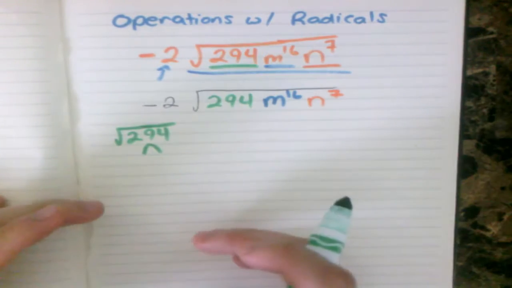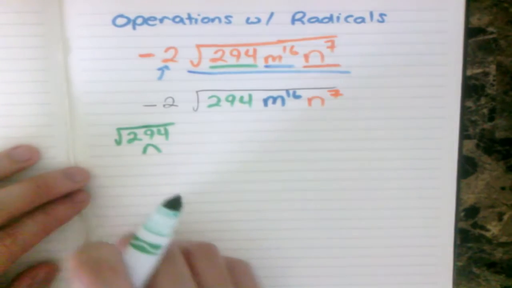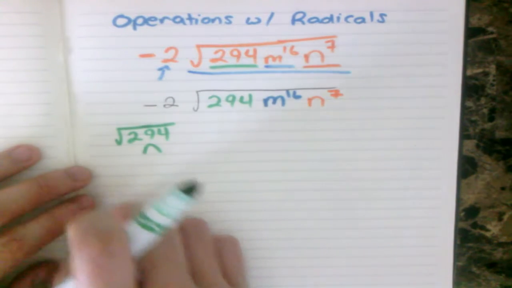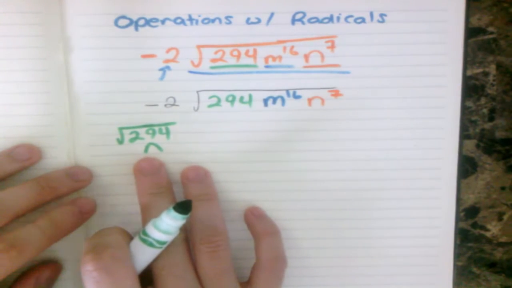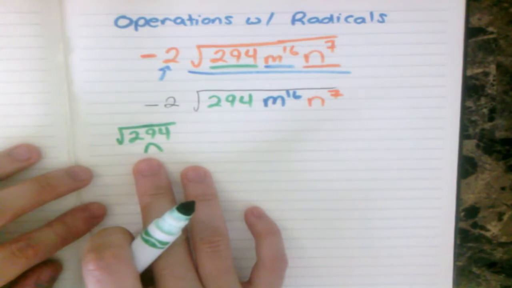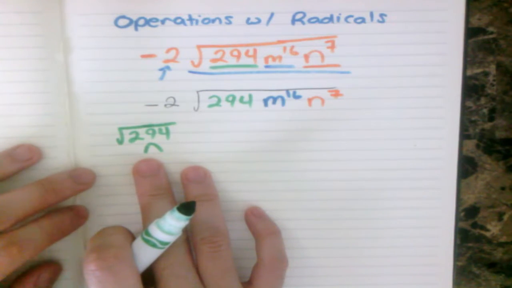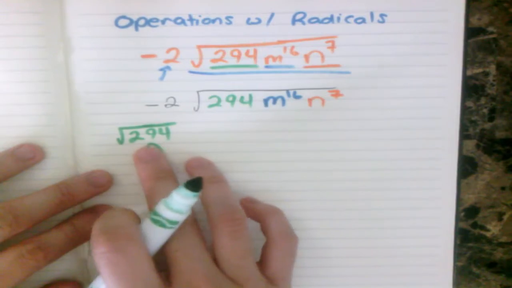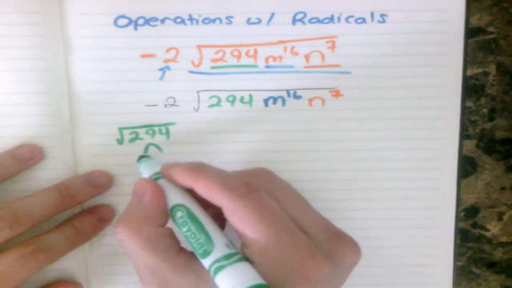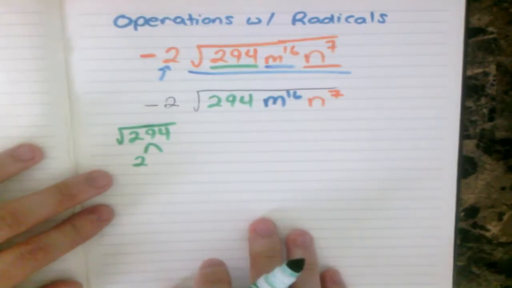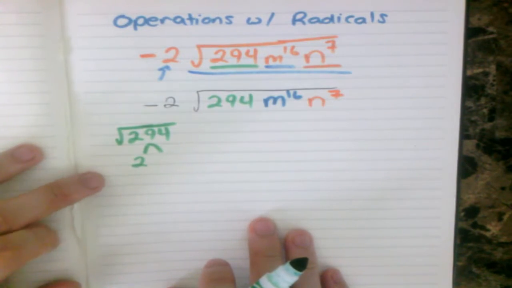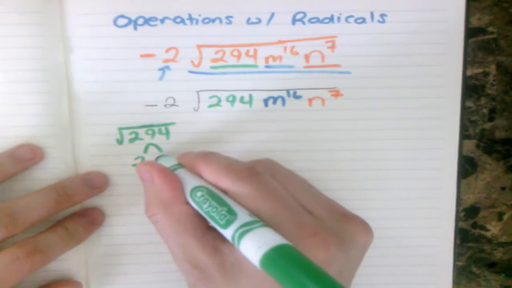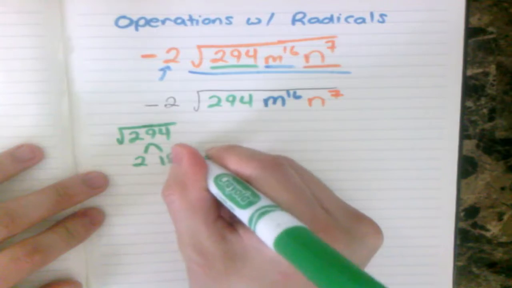I think your teacher likes it when you find a perfect square that goes into this, which is perfectly fine. In fact, that is the easier way. But let's say you don't notice what goes into 294. Well, you know it's an even number, so the simplest thing is 2. If you have to, you can break it down from 2. There's no problem with that whatsoever.